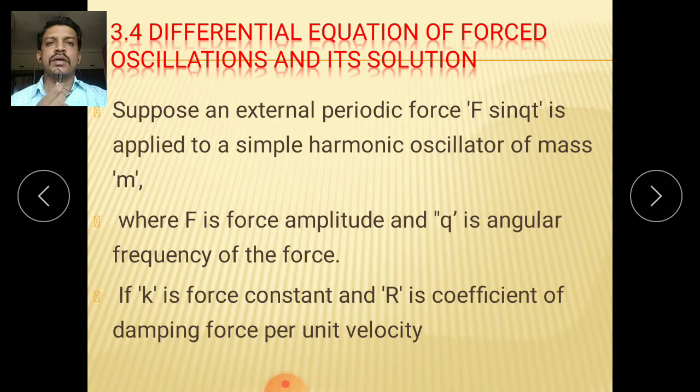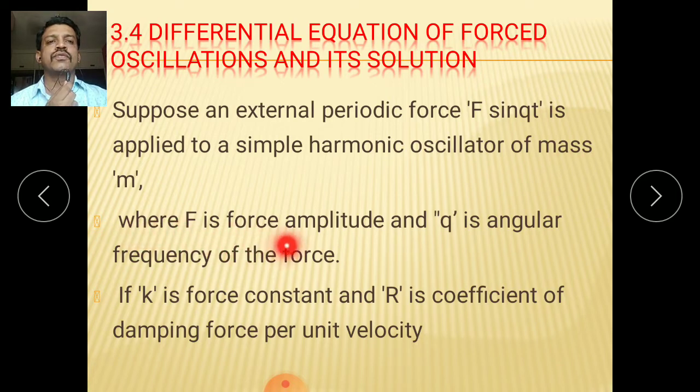If we consider the force like this, then this is the x component and this is the y component. So the x component means the force along the x-axis is given by F sin qt.